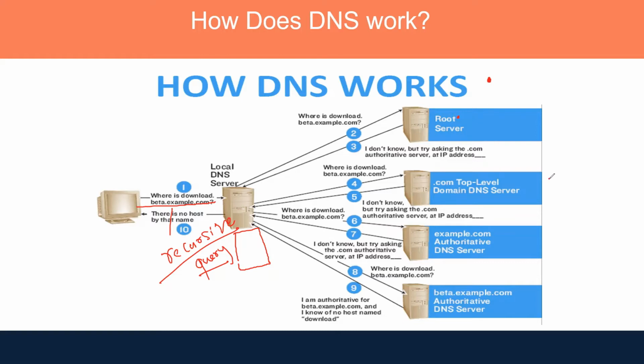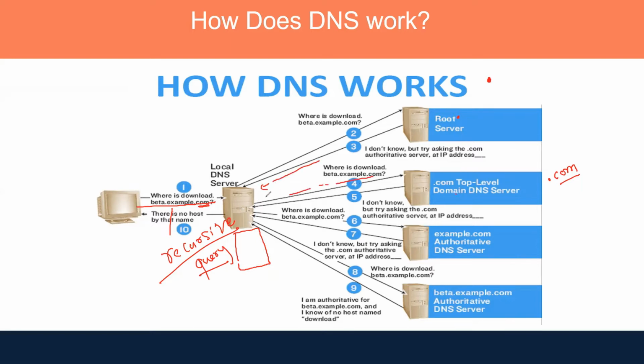So the root server says, I do not know the IP address of this particular website, but I know the .com IP address. You should ask .com. So the query goes to the top level domain.